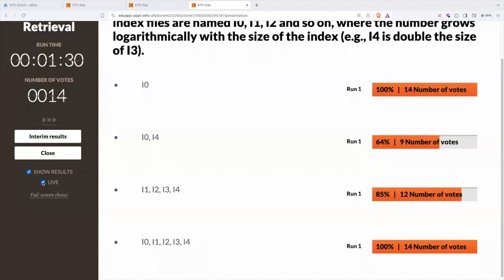Now 1, 2, 3, 4 no longer has a majority. There's more people disagreeing on 0 and 4. You can still change your minds. Now 0 is no longer unanimous. Okay. Still have a chance to change your mind. 50% now.